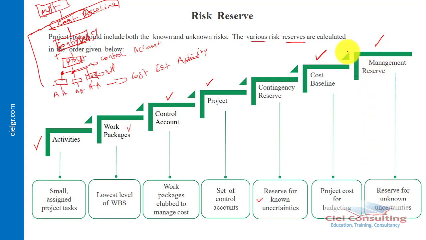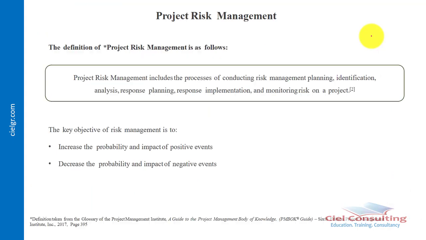Management reserve is typically not within the purview of the project manager. It's typically utilized when the project is running over budget. You have a reserve which you can use to finance the overrun, and also to take care of some other risk which we were not able to identify earlier on in the project. That's one key thing that management reserve addresses.